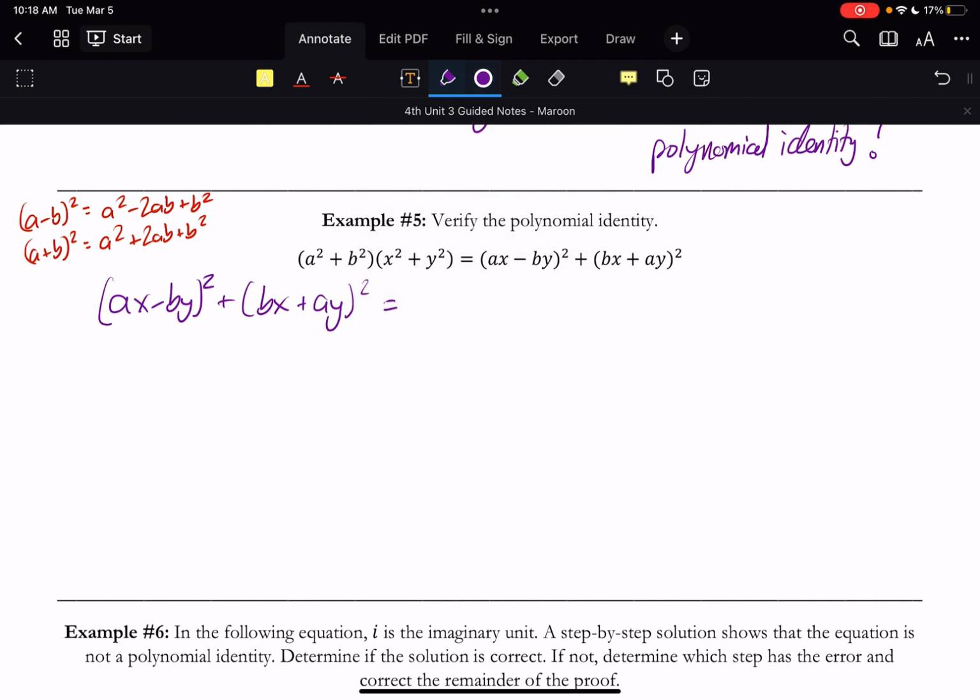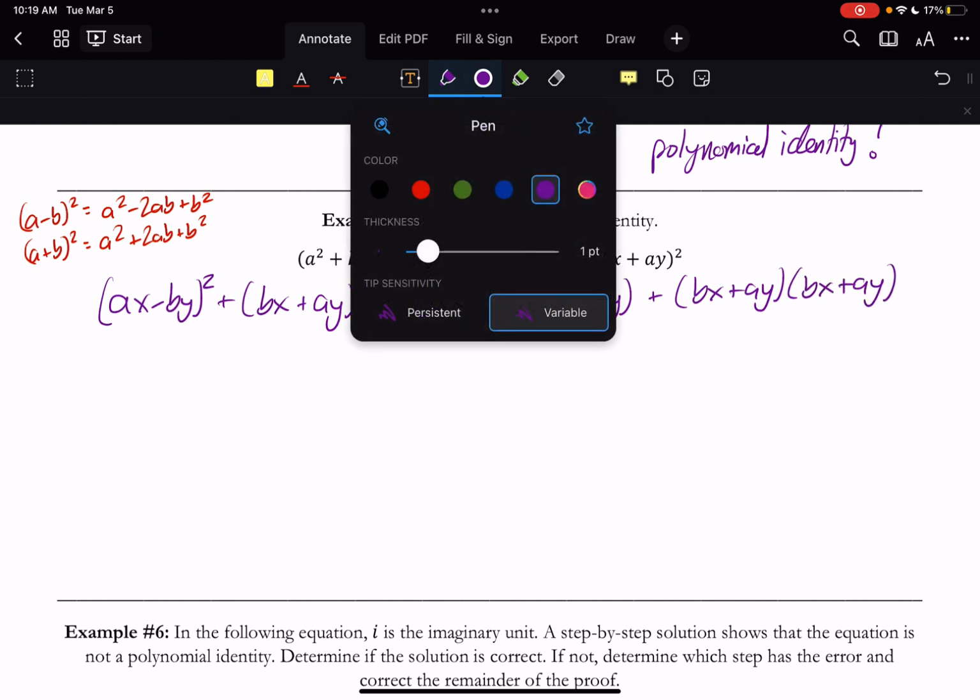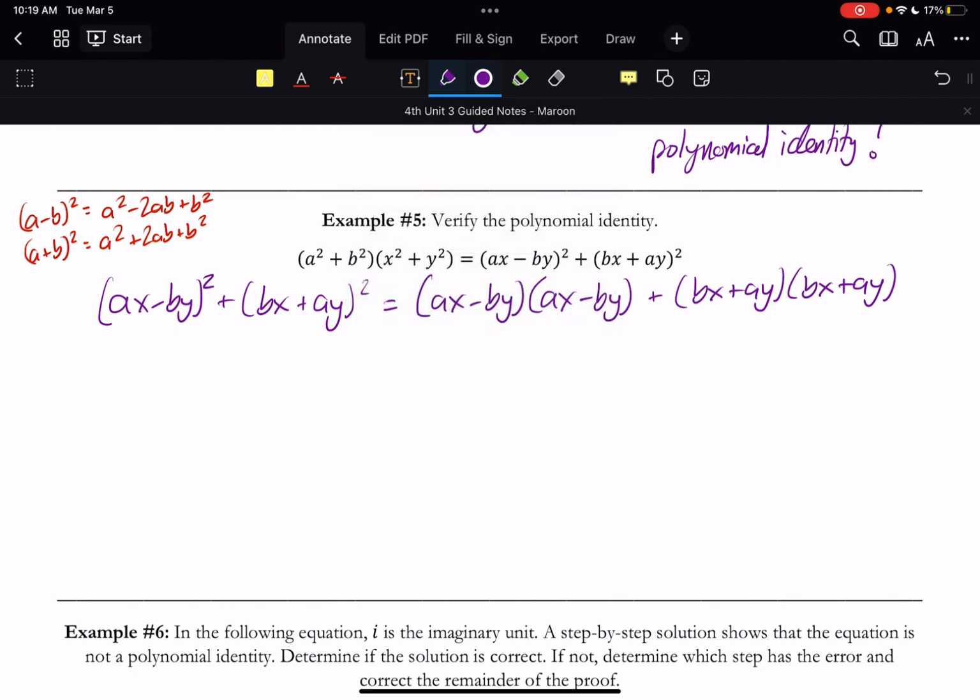But if I want to show this, again, by an identity, I do need to show it step by step. So I have ax minus by times ax minus by. And then I'm going to be adding bx plus ay times bx plus ay. And so now I can distribute one to the other.